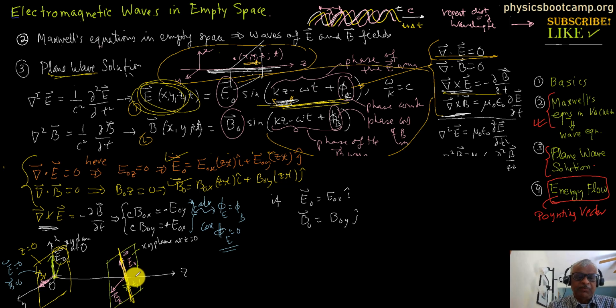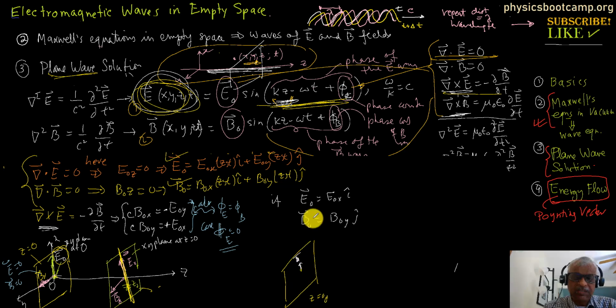So if I'm sitting there at the z equal to 0 plane, then I will find the wave, the amplitude of the electric field. The electric field may go up to some point, this much value.